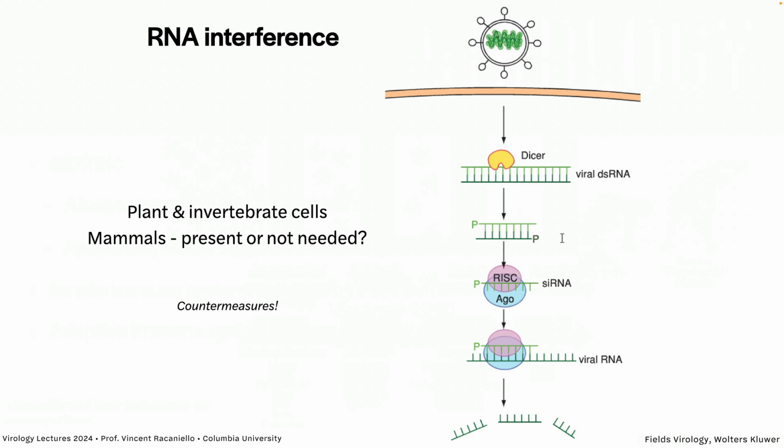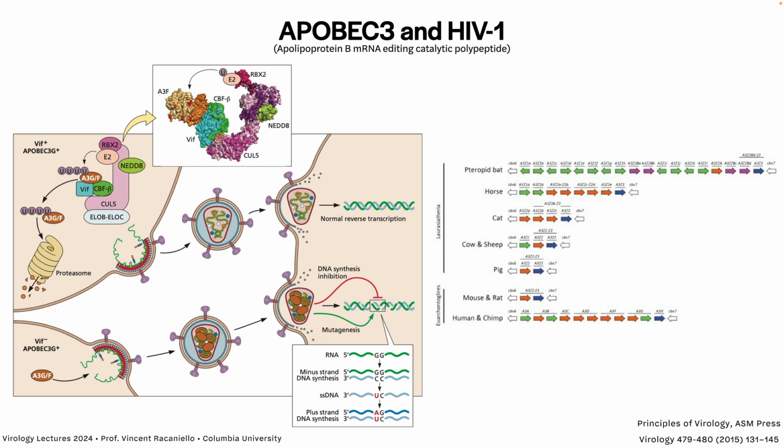Then one of those 2 strands becomes part of an RNA-induced silencing complex, or RISC. And then this is the siRNA, which is now complementary to the viral RNA, at least to one strand, so it can bind to it and induce its degradation. So the RISC has enzymes within it that will induce degradation. So it's a defense against incoming nucleic acids. And as I said, you can find this in some parts of mammalian development, but it's not clear what kind of a role it plays. It certainly is a regulatory role.